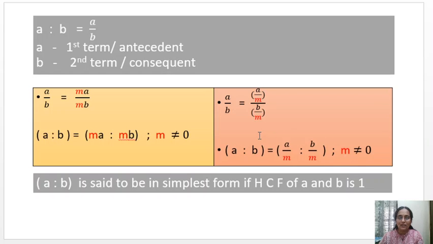Already you know when you are writing the fraction how to get the simplest term. That is, you have to reduce to the lowest term. The fraction is in the lowest term when the HCF of numerator and denominator is 1. Similarly, the ratio is in its simplest form when the HCF of A and B is 1.